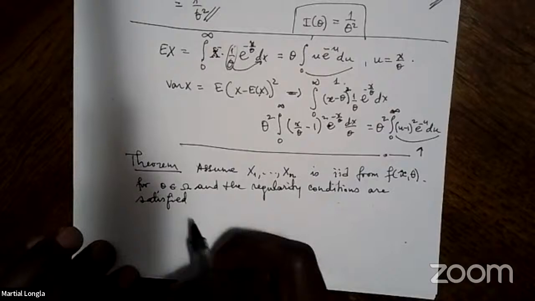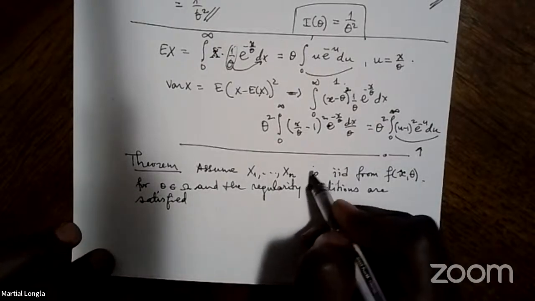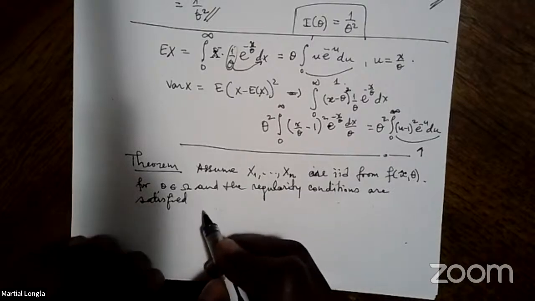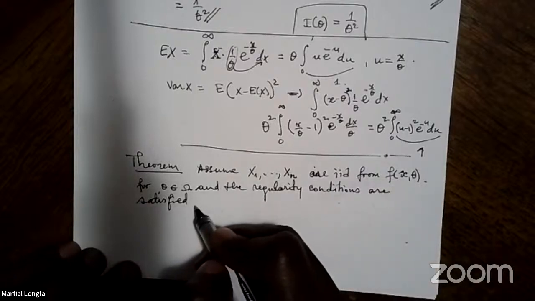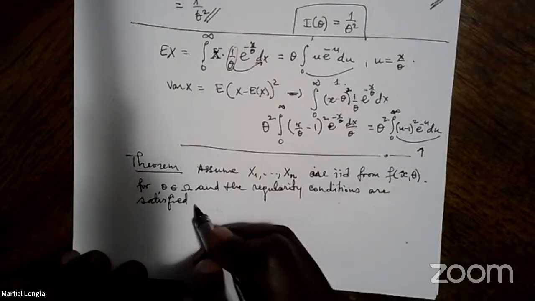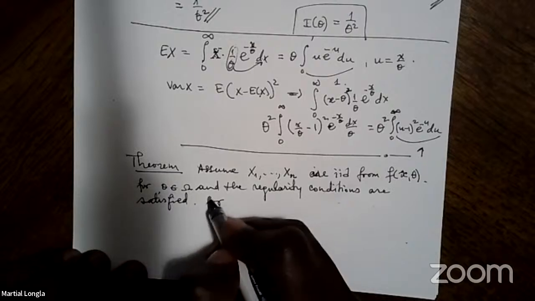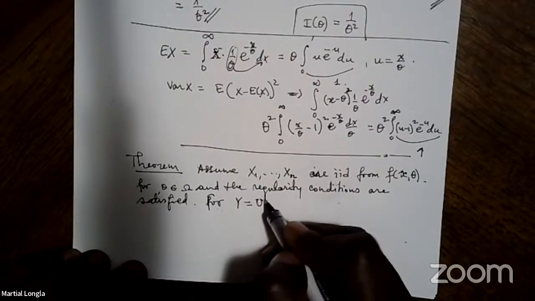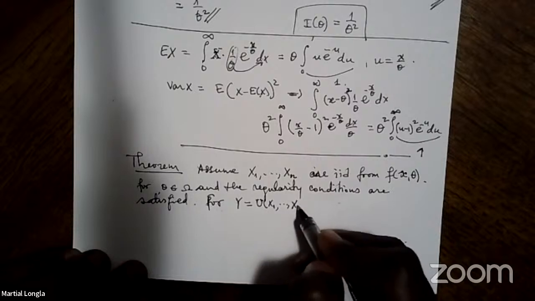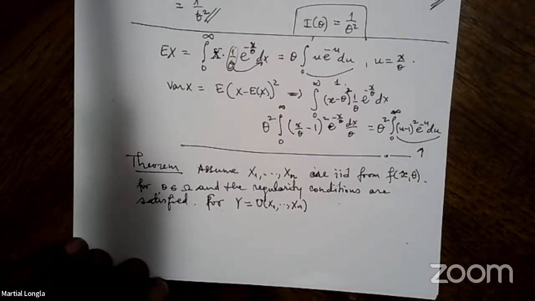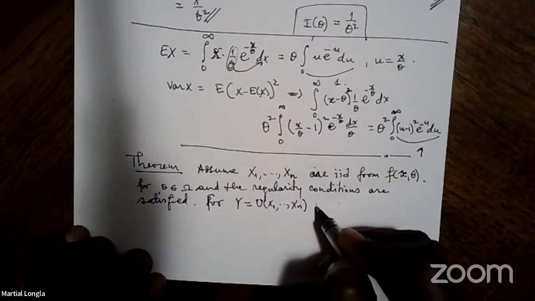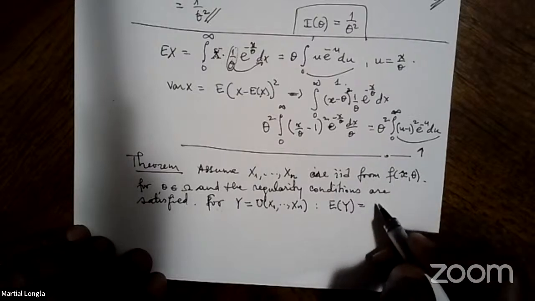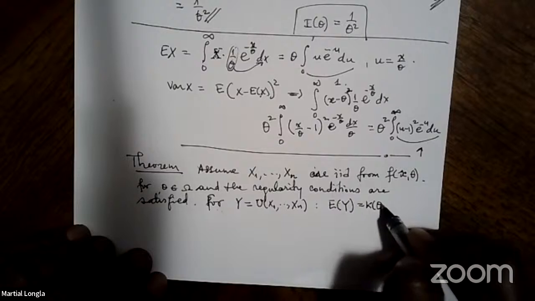So assume that x1 through xn are IID from f of x theta for some theta in omega, and the regularity conditions are satisfied for Y equals u of x1 up to xn, such that expected value of Y equals k of theta.